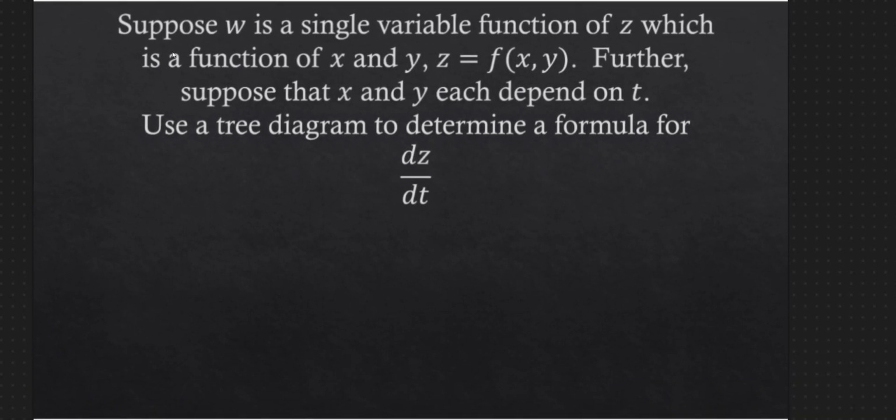Let's say we have a variable W, which is a single variable function of Z. So we have W that just depends on Z, and then Z is a function of X and Y. And then X and Y are each functions of a single variable T. So here's our tree diagram for this situation.